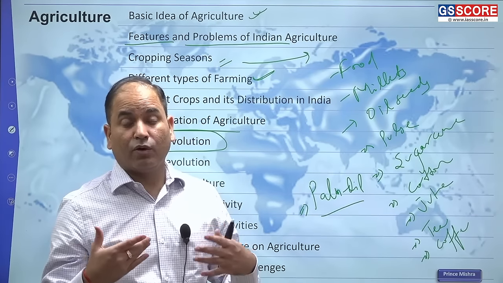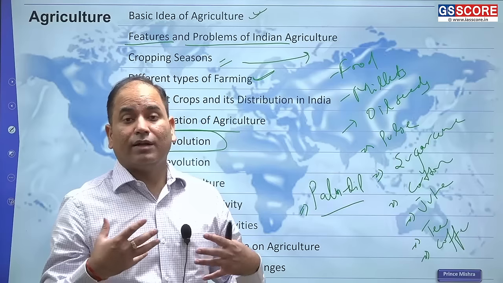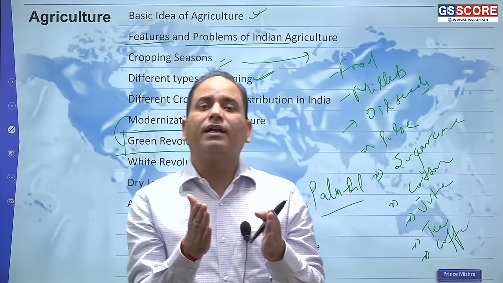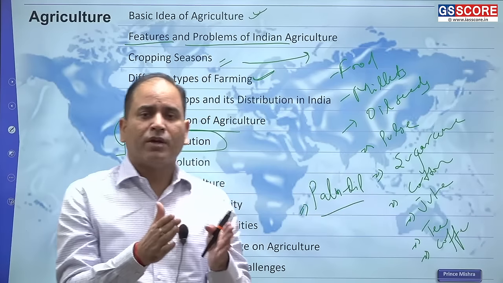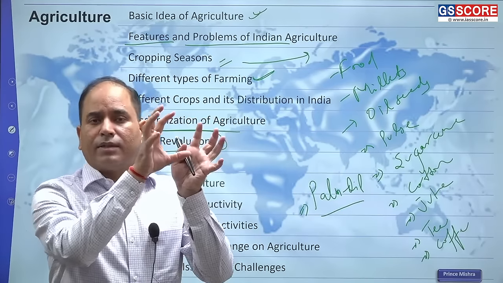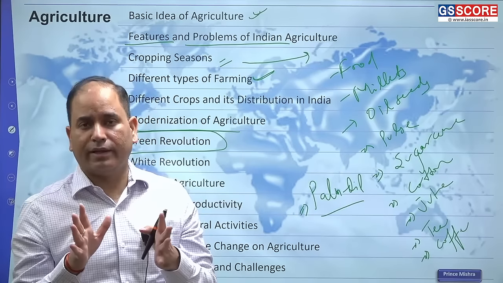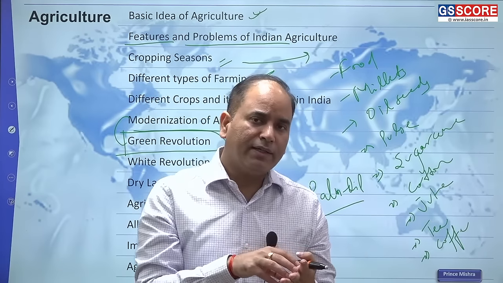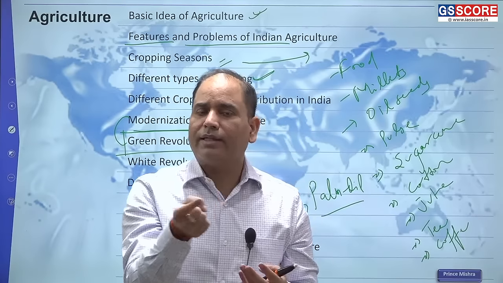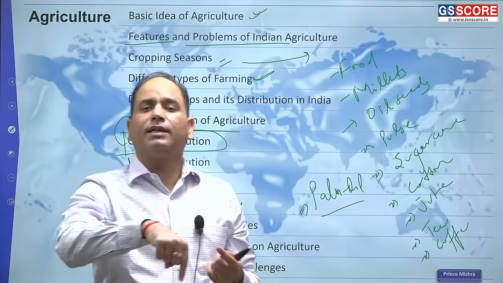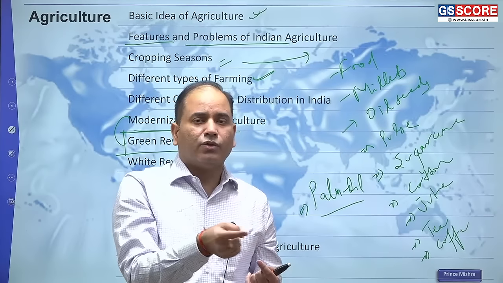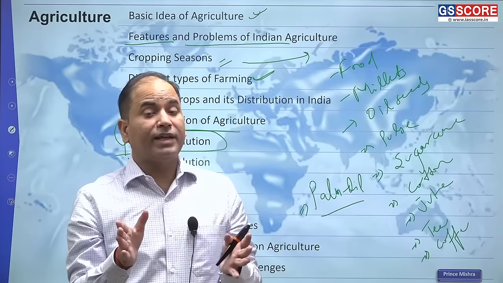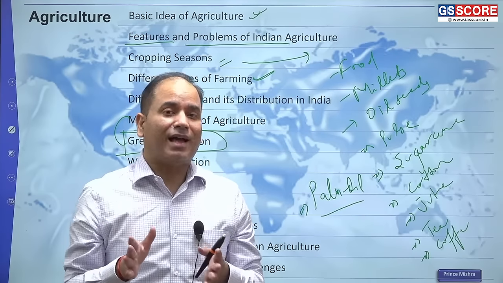It changed the whole perspective, the whole dynamics of Indian agriculture. But when you look at Indian agriculture in its present form, you will find that agriculturally we have some developed areas and some poor areas. In the present context, you will find that the areas where the Green Revolution was initiated in the beginning are the ones that are agriculturally developed. The remaining areas are very much lagging.